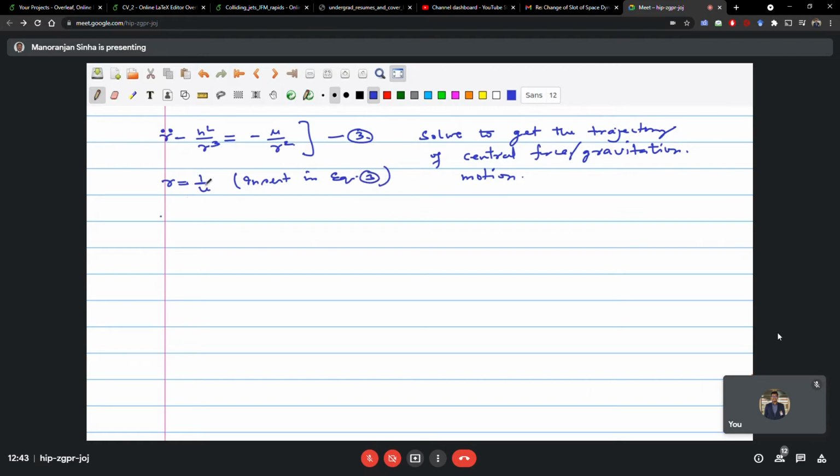So this will get reduced to dr by dt. Again, we need to write it in a proper format. What we are trying to do here is eliminate t, and express in terms of theta, so that we get the conic section equation in terms of theta.